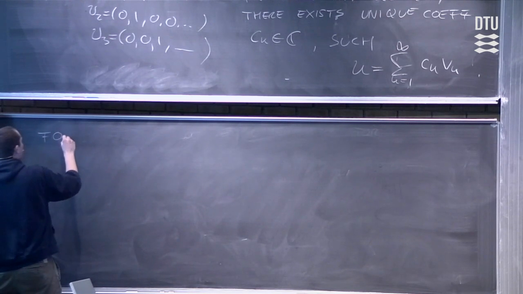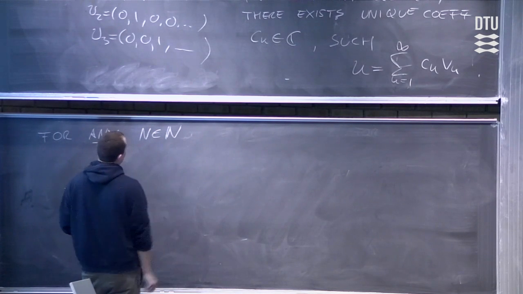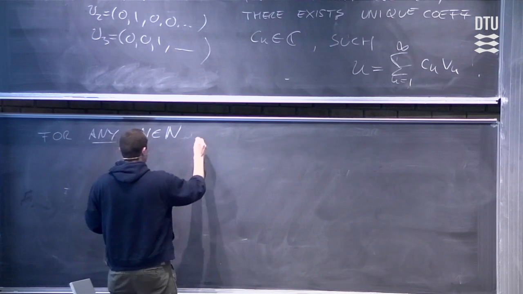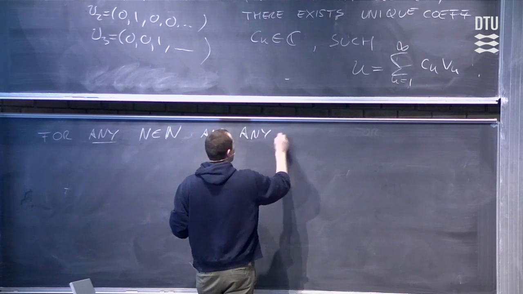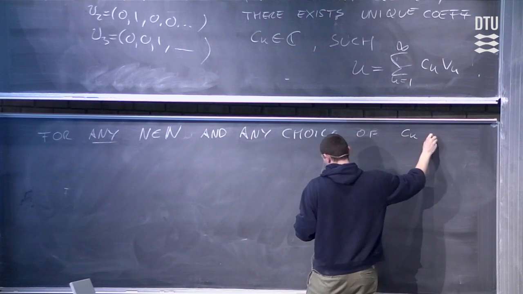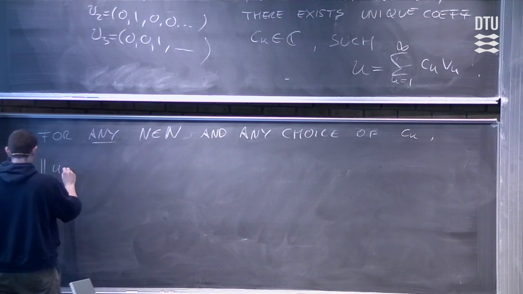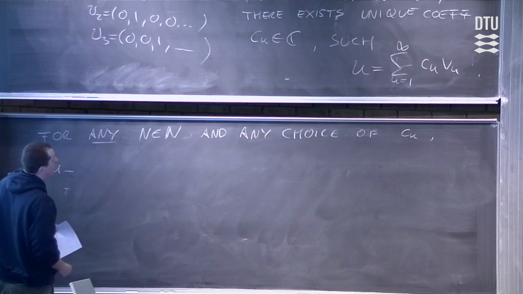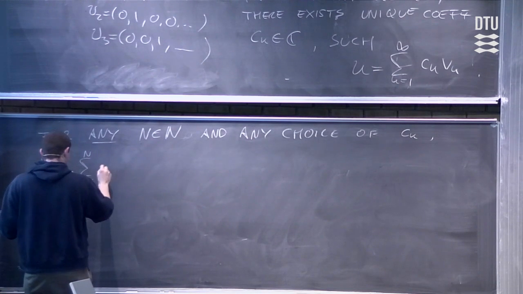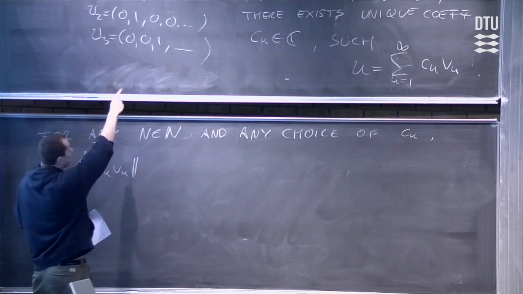Okay, so for any n in the natural numbers, and this n will be the index on the finite sum over there, and any choice of ck, I simply calculate the difference between u, where u is the vector I've taken, and our finite sum, because now we have to show that this norm goes to 0 if and only if we take our ck's in the obvious way.